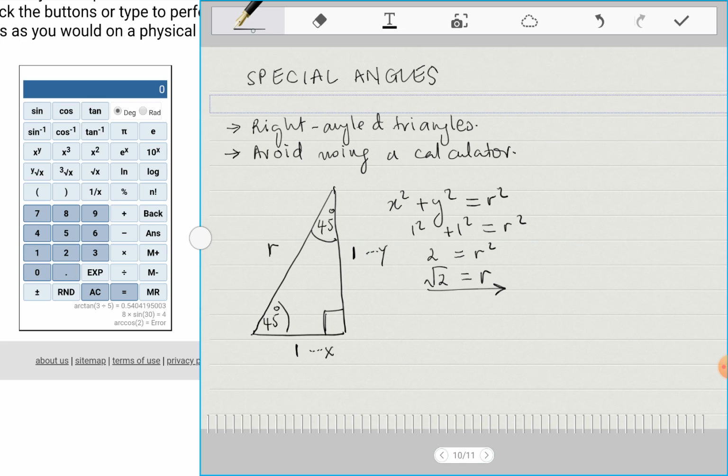Okay, so if we apply our trigonometric ratios here, so if we apply our SOHCAHTOA, let's make this a bit smaller so we have some space in here.